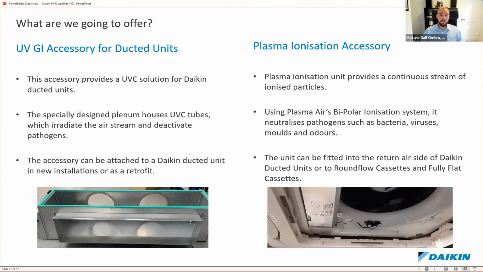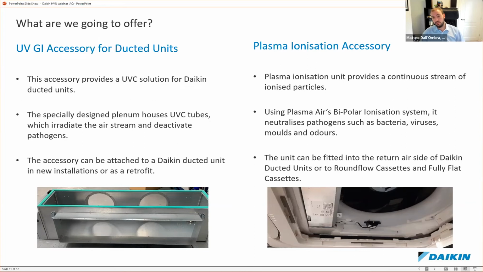And then the other one is the plasma ionization accessory. Here we created a partnership with the UK distributor of Plasma Air, who is the actual manufacturer of this technology. And plasma ionization, as you can see here, relies on a fairly small module that you can easily house inside pretty much every single indoor unit that we provide.